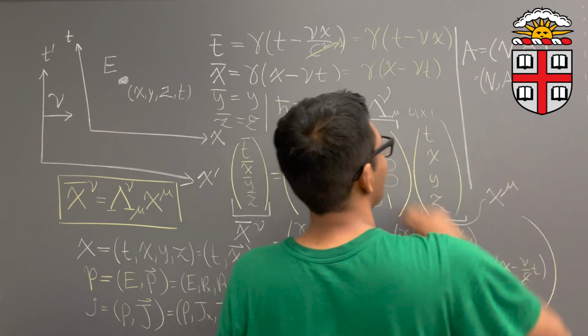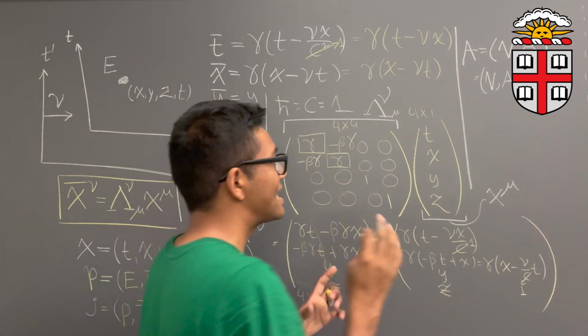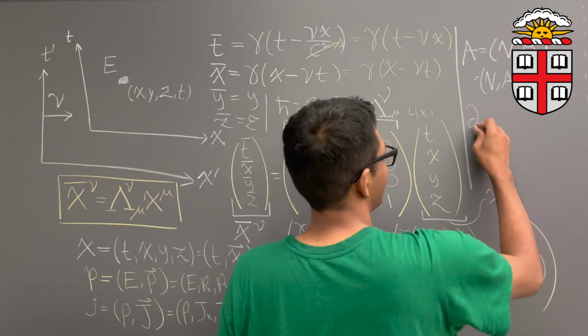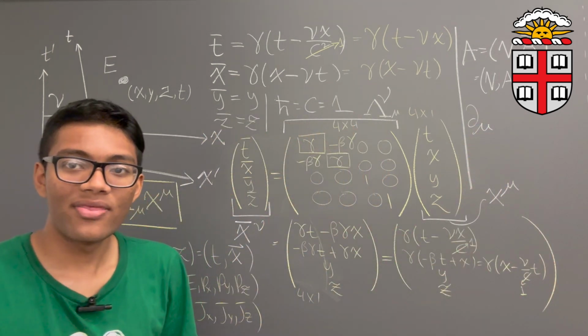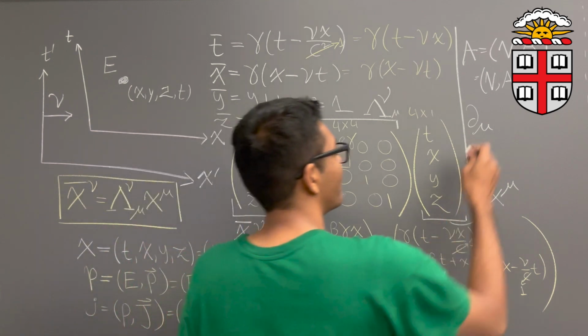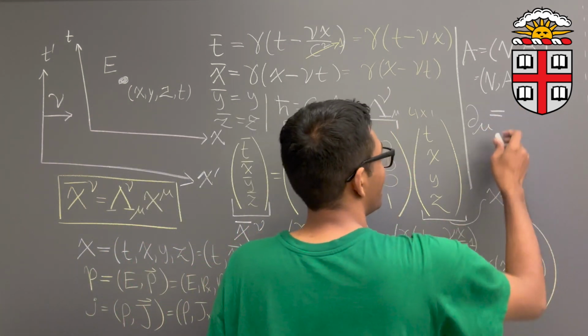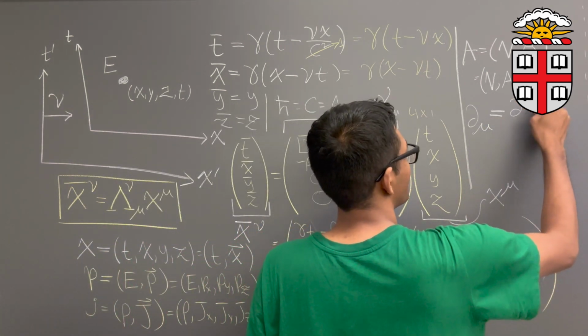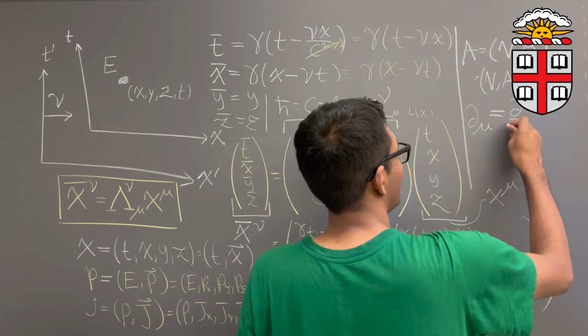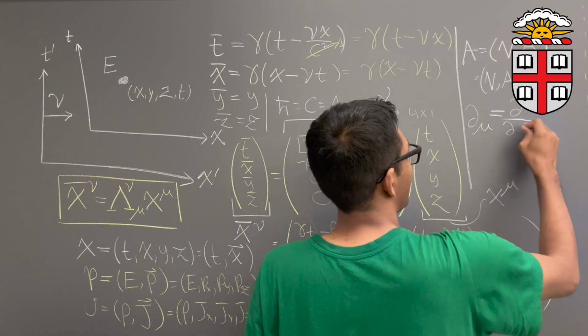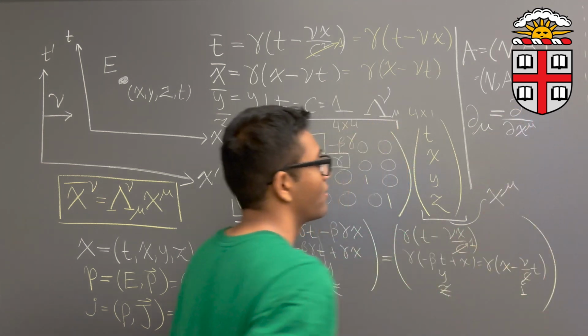And finally, we've got the derivative, partial sub mu. That in itself is a 4-vector for the derivative. So we can write this as partial over partial x to the mu, we're not taking the derivative of x itself.